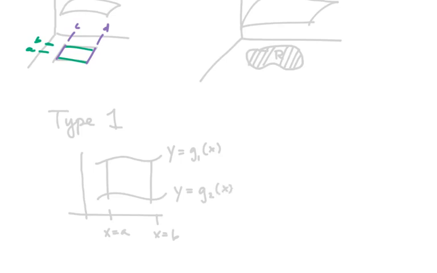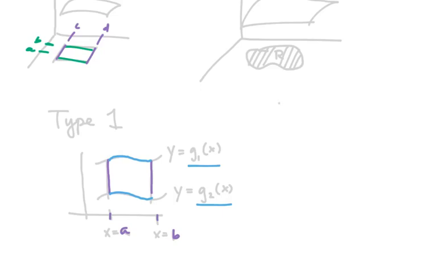So instead of having a perfect rectangle, my region now has two vertical bounds defined by that a and b value, and then a curve, y in terms of x. So we've got functions bounding above and below.